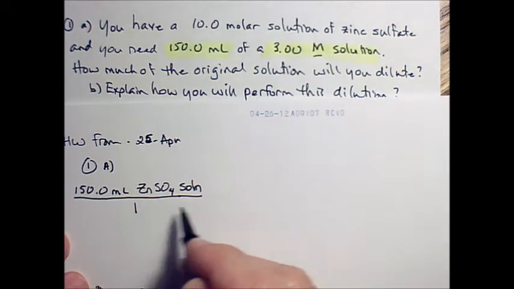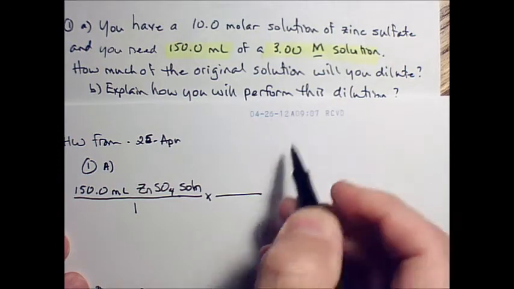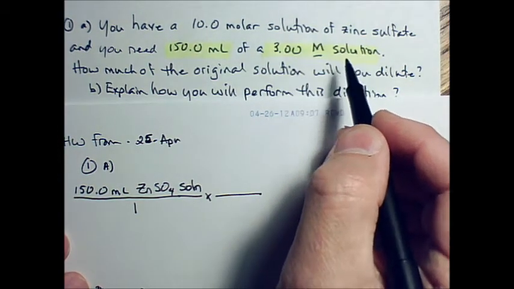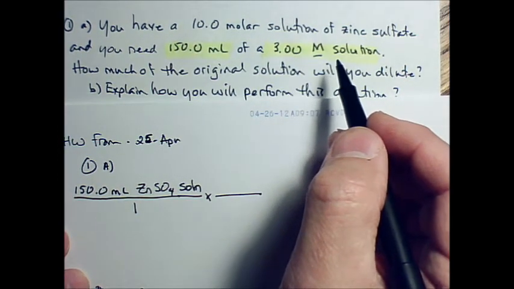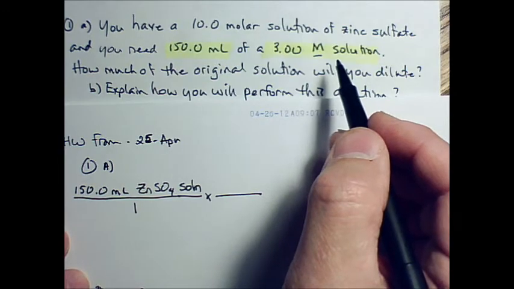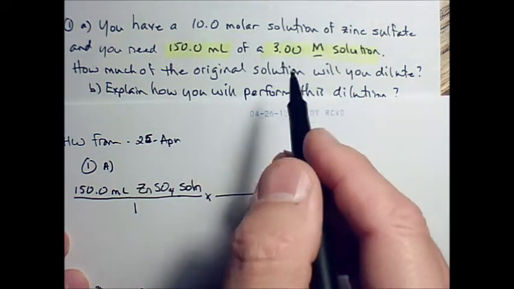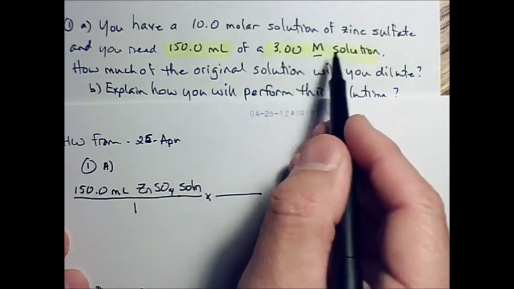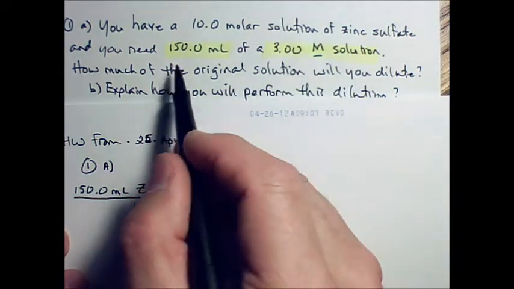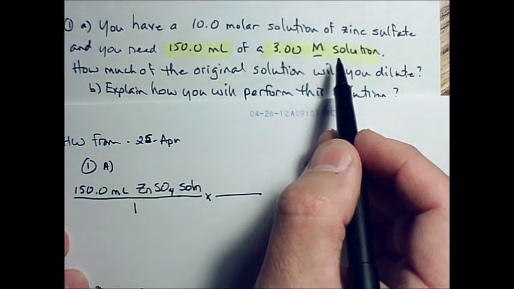Now then, that goes over 1. I want to use next then the concentration unit. Molarity is moles of solute per liters of solution. And the 3.00 tells us the moles of this particular solute in a liter of solution.